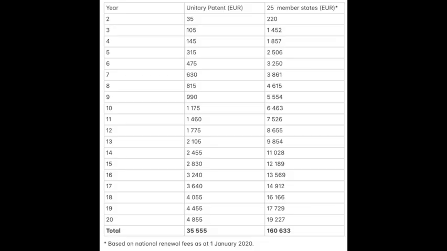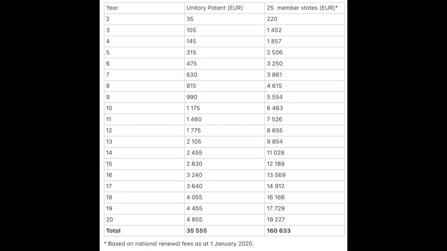And here on the screen now, you see the table with the fees of the unitary patent compared to 25 member states in the European Union.